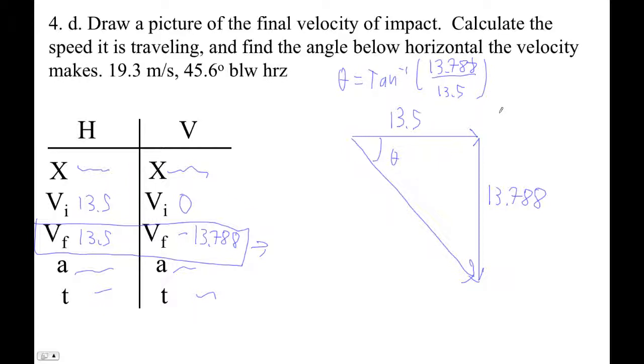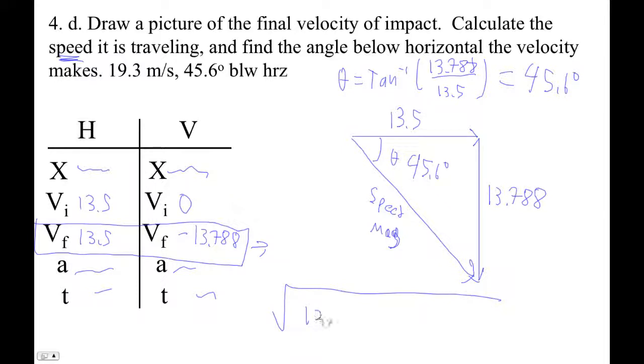And that's 45.6 degrees. So that's this angle here, right? And then it says the speed it is traveling, which is the magnitude of the velocity, right? So let's do that. Speed is the hypotenuse of this.